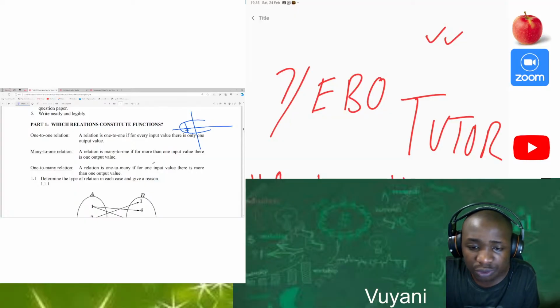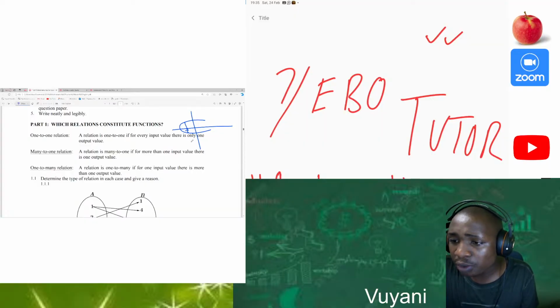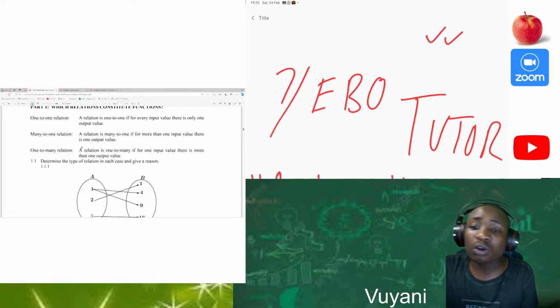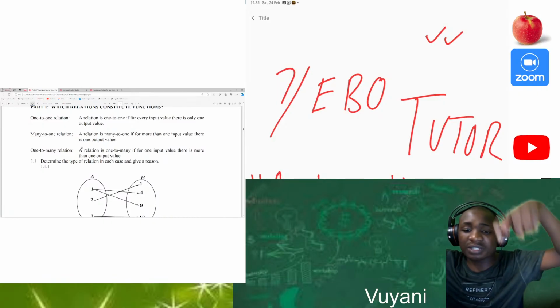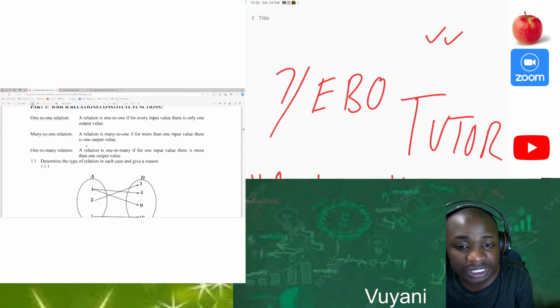So for more than one input value, we can have one output value. Then the last one, which I just drew now, is a one-to-many relation, where we are looking at one input value which has more than one output value.